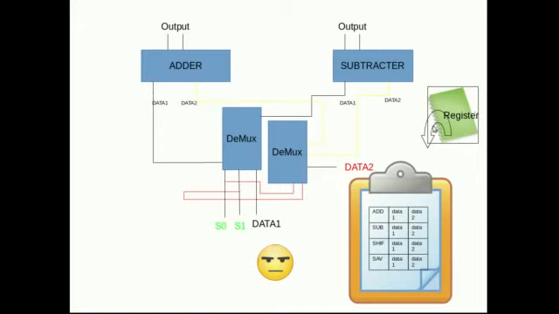But one day he received data in the register, something like this. He was instructed to perform an addition of data 1 and data 2, and then he was instructed to perform a subtraction of data 1 and data 2.